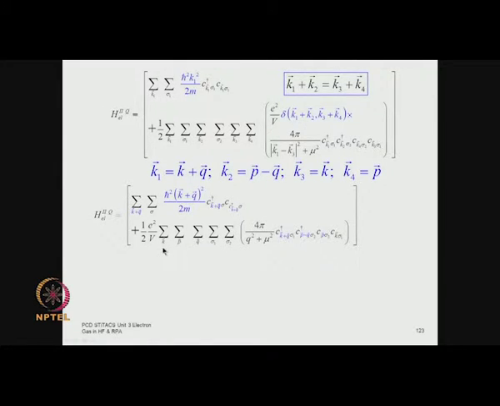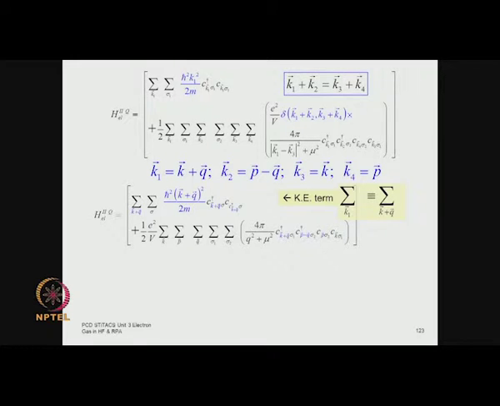So now you have summation over 3 indices K, P and Q, and now you have 4 pi over K1 minus K3, which over here will be q square plus mu square. So q is the momentum transfer. Okay? So this is the term that you get for your electronic Hamiltonian.